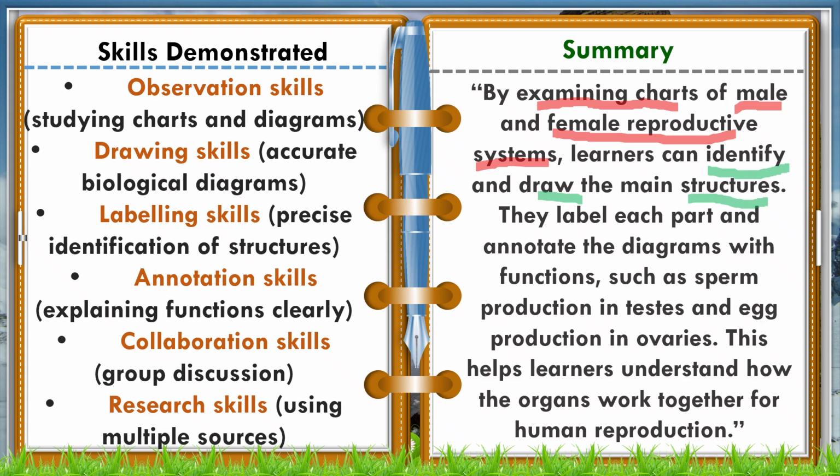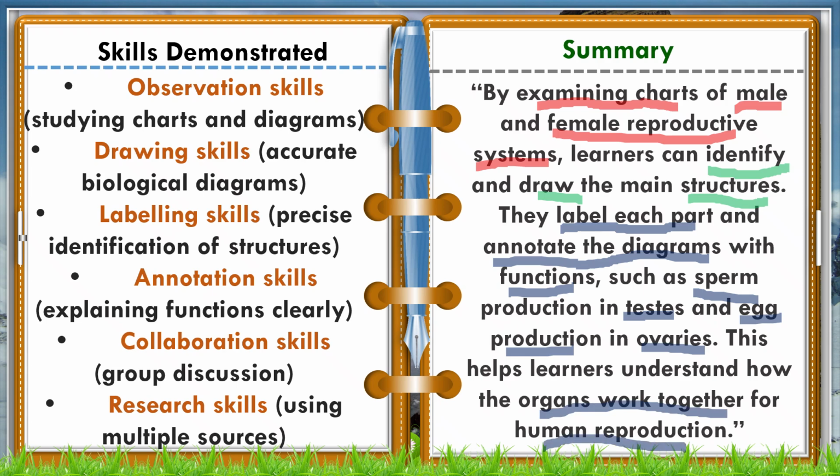Then after drawing the main structures, they label each part and annotate the diagrams with functions, such as the sperm production in the testes, the egg production in the ovaries. This will help the learner to understand how the organs work together for human reproduction.